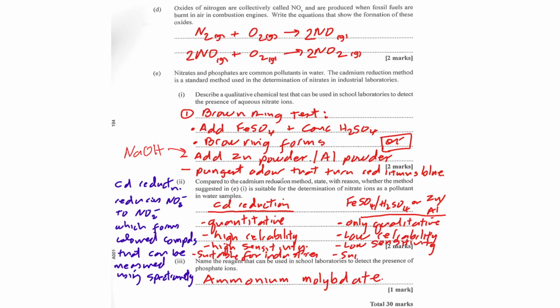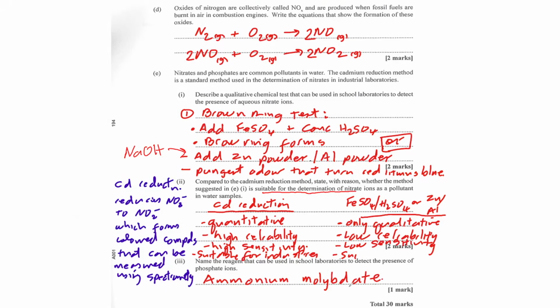E Part 2. Compared to the cadmium reduction method, state with reason whether the method suggested in E Part 1 is suitable for the determination of nitrate ions as a pollutant in the water supply. And so we are saying that no, it is not suitable for the determination of nitrate ions.